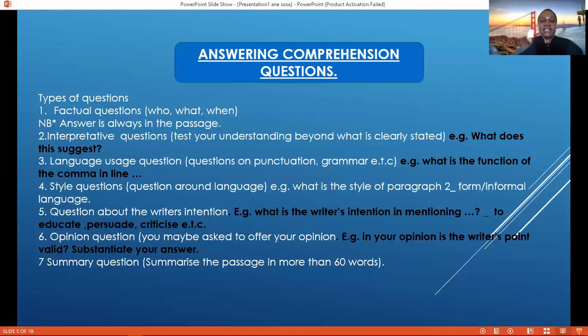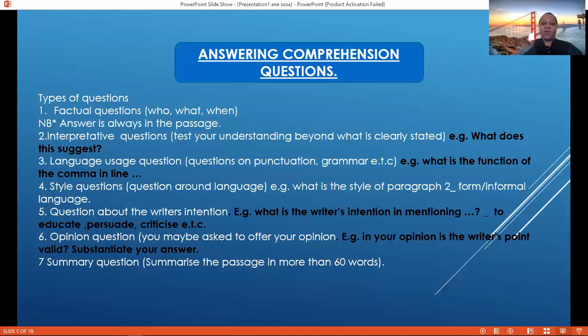What is the writer's intention in mentioning whatever could be mentioned in the text? So your answers could be centering around indicating that it is to educate, maybe to persuade, criticize, or any other intention.